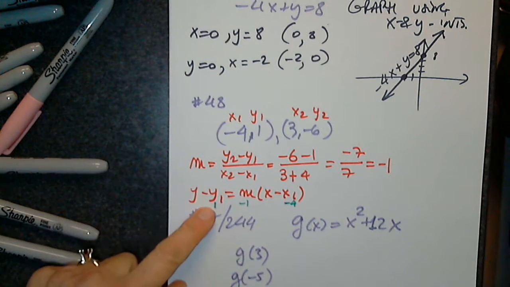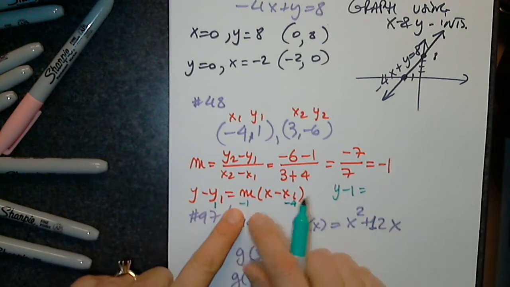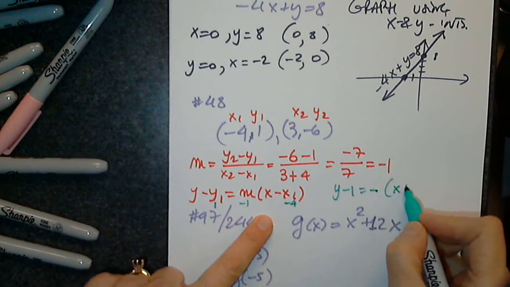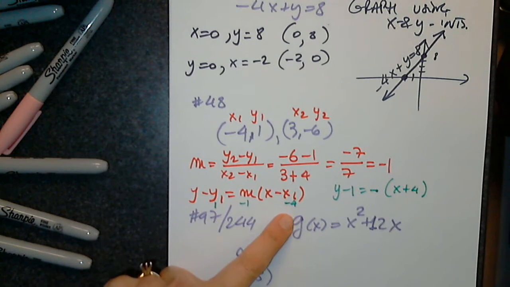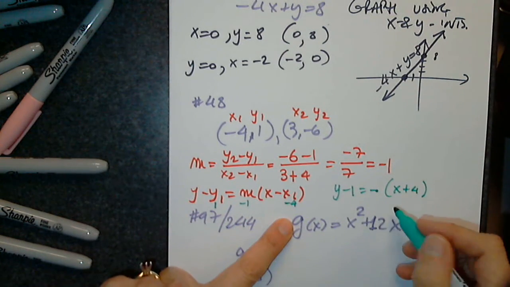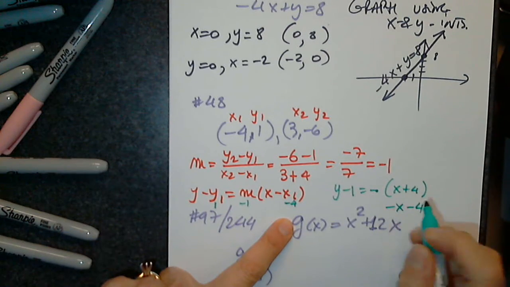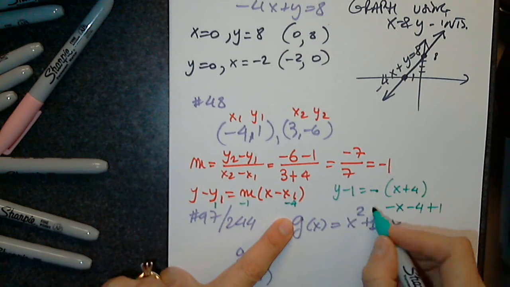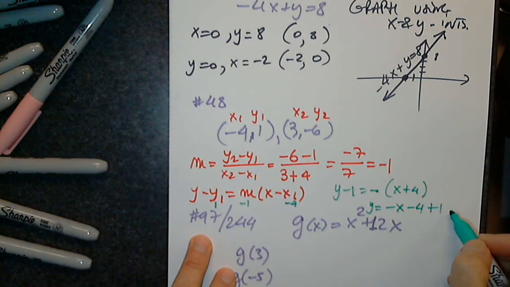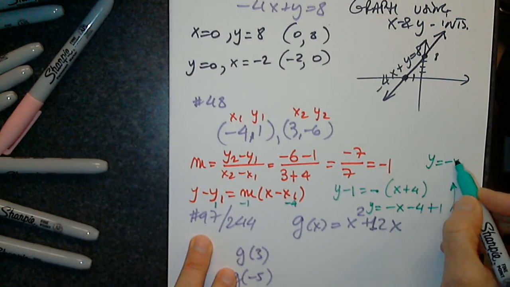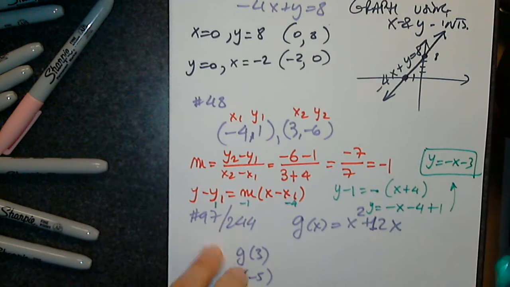So y minus 1 equals negative 1 times x plus 4. It's minus minus 4. I distribute: negative x minus 4, but plus 1. Simplified form from here, y equals negative x minus 3.